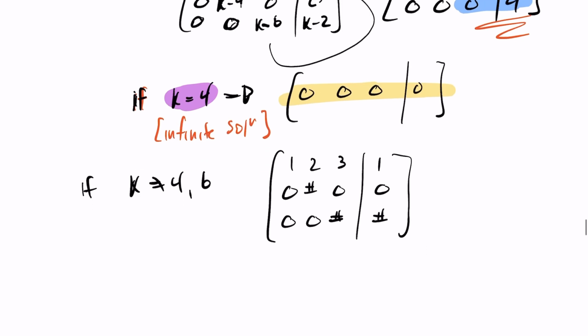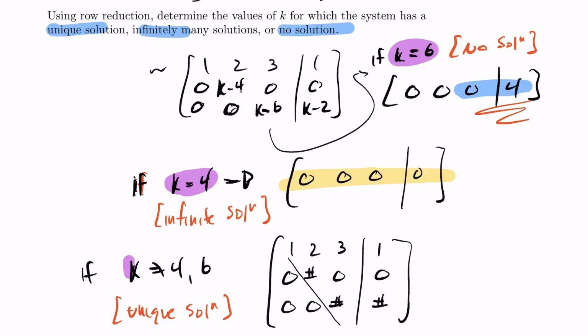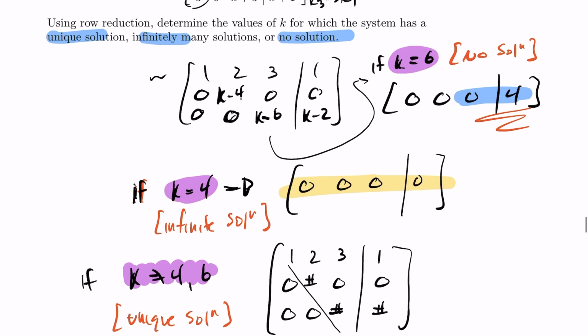So when you go to solve for this, you're going to end up solving, getting a value, back substitution, solving, back substitution, solving. And the idea here is, in this example, it's going to result in a unique solution. So this is another example of find the value of k. If k is 6, no solution. If k is 4, infinite solution. Else, we're in a situation where you have a unique solution.